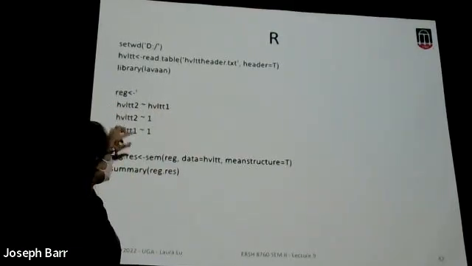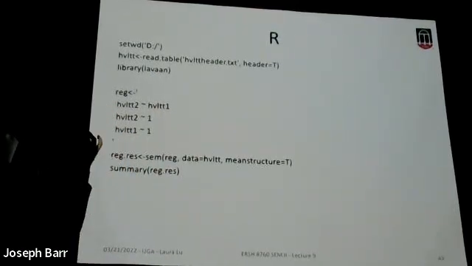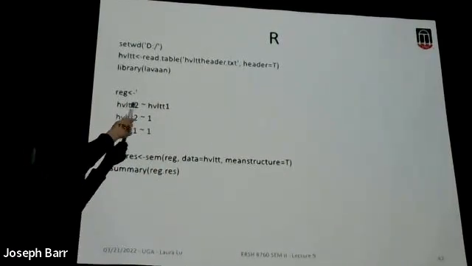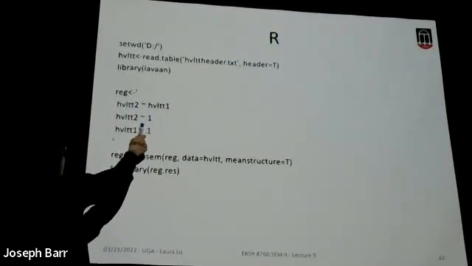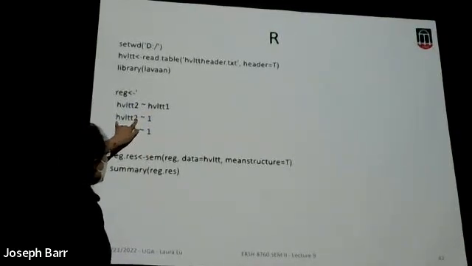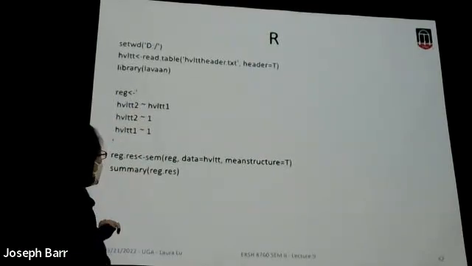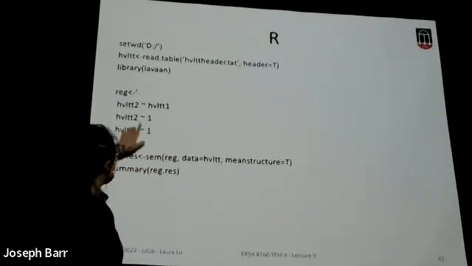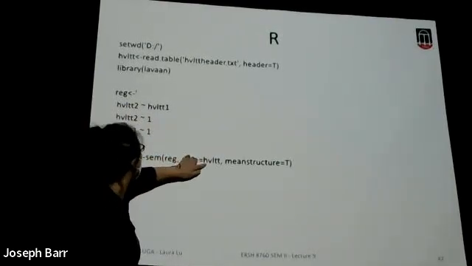In M plus we use brackets to show I'm gonna look at the mean of these two variables. In the lavaan package, we use tilde, regressed on one. So that means I'm gonna look at the mean part of these two variables. So we use SEM, and this is our regression model, the data.